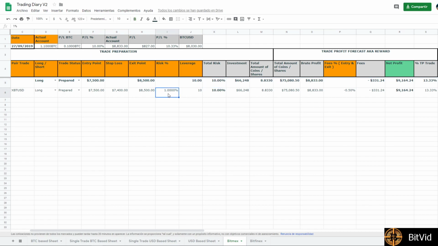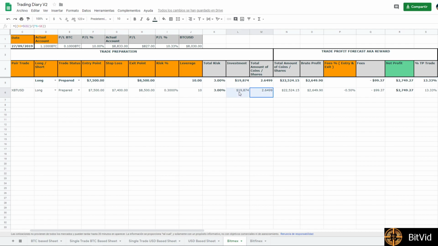So we will put 0.3. This is 3%. So we know that with that stop loss and that entry point, risking 3%, we will have to long, in that case, a total amount of 2.6499 bitcoins, which is almost $20,000.